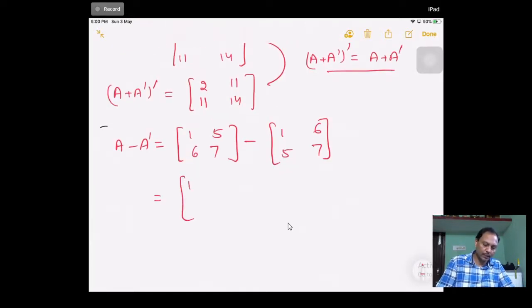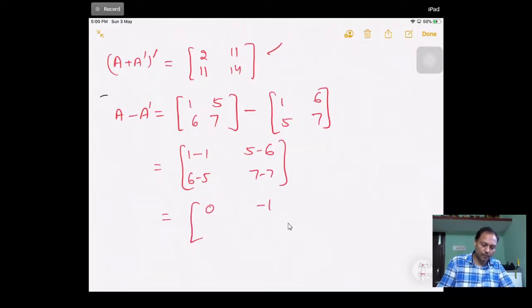So it is 1 minus 1, 5 minus 6, 6 minus 5, 7 minus 7. We are getting 0, minus 1, 1, 0. So here A minus A prime is skew-symmetric.